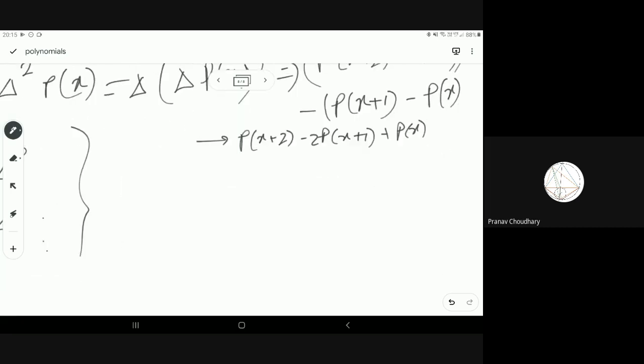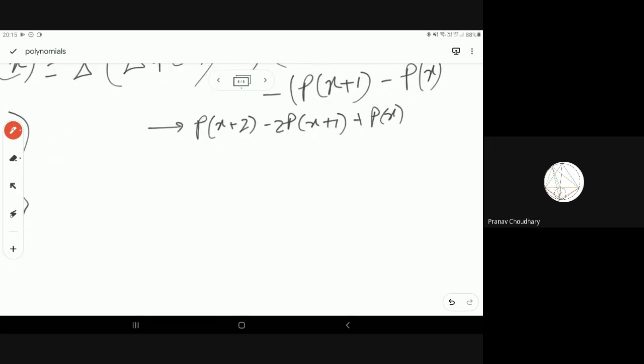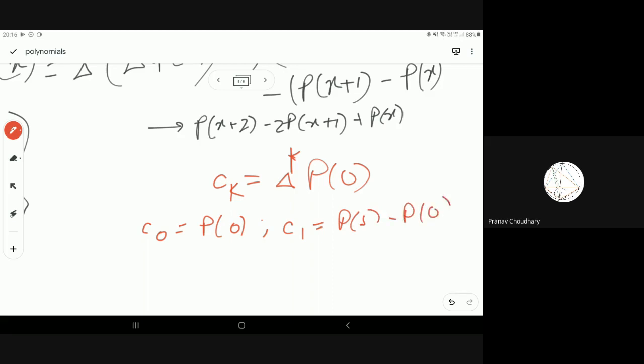The only thing that's essential from here is the identity that you need to remember. It's often quite useful. If we let C_k denote the kth order finite difference at 0, so C_0 is P naught, C_1 is P1 minus P naught, C_2 is P2 minus 2 P1 plus P naught, and so on.